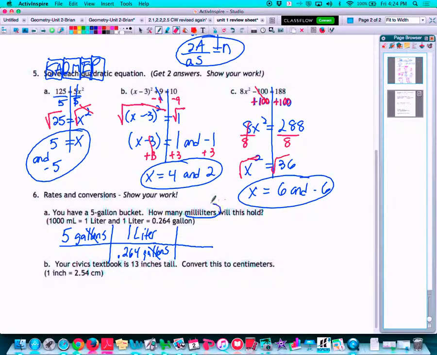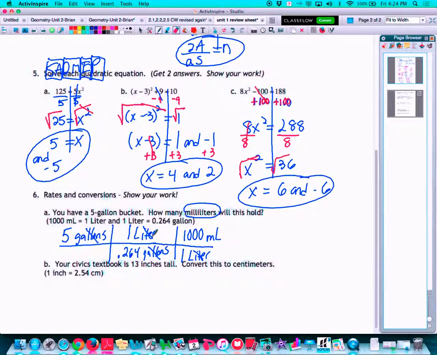We want to end up with milliliters, so we have to go one more step. We notice that 1,000 milliliters is 1 liter. Once again, whatever the unit is here, diagonally we're going to cancel out that unit by putting that same unit on the bottom. Now in the next conversion, we know that 1 liter goes here, and then 1,000 milliliters, that's the abbreviation for milliliters, goes on top.